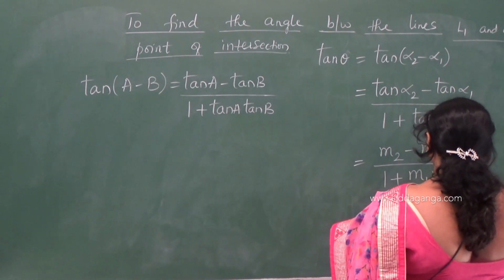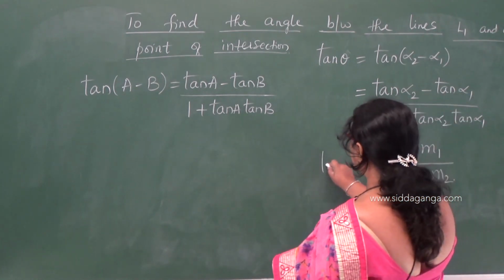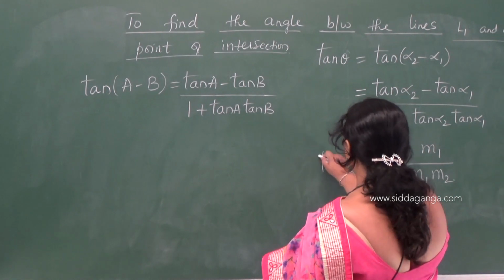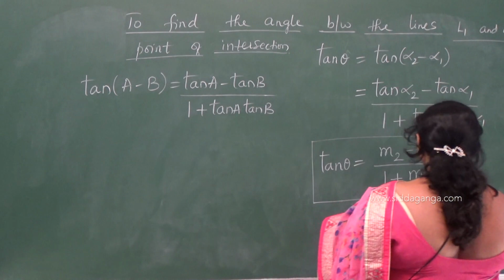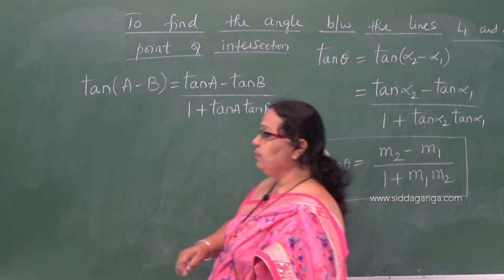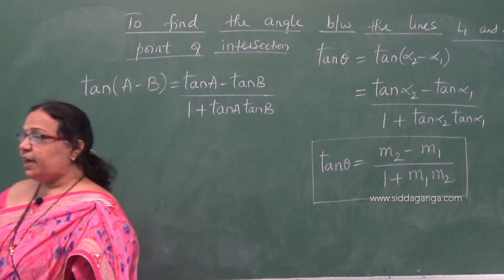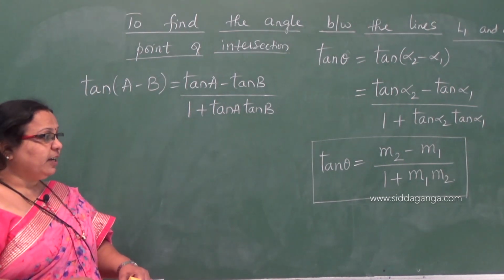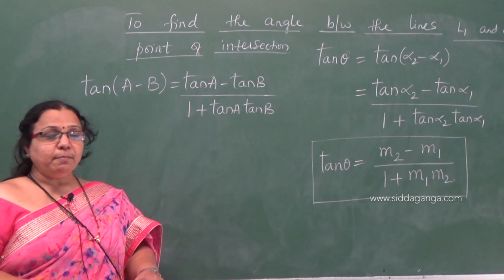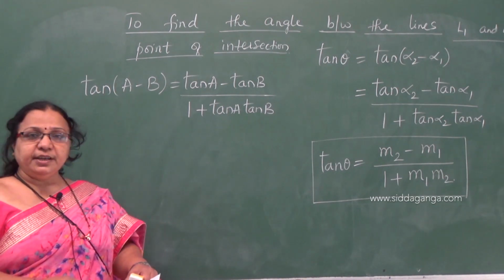So therefore we have tan theta equal to m2 minus m1 divided by 1 plus m1 into m2.